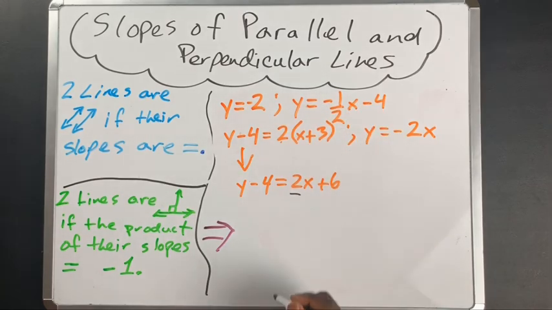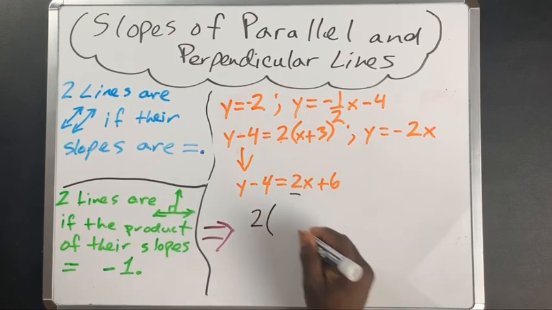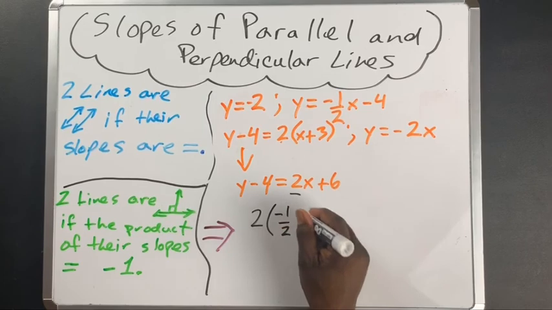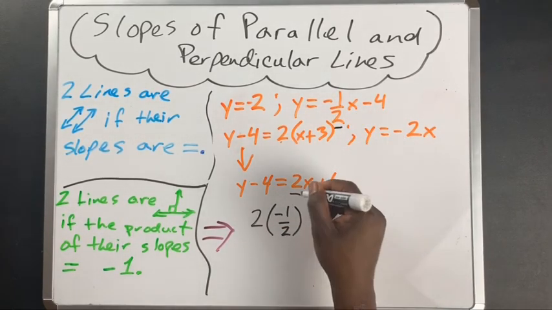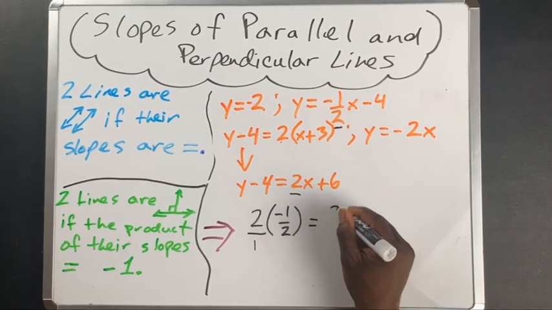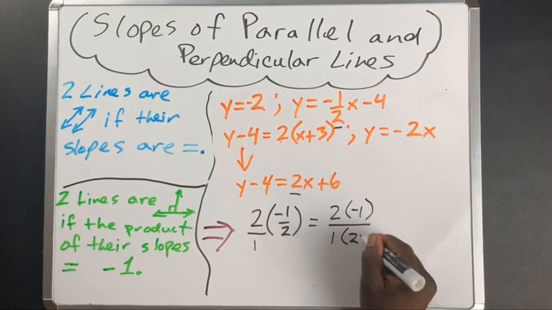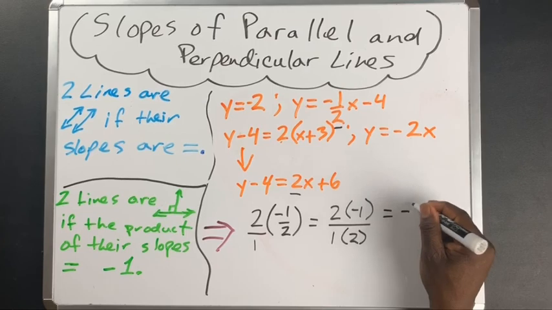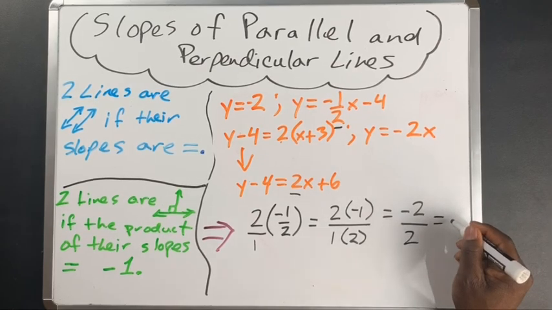If I multiply them, 2 times -1/2, multiplying the slopes here and here, and put that over 1, that becomes 2 times -1 over 1 times 2. 2 times -1 is -2, 1 times 2 is 2, and that gives me -2/2, which is -1.